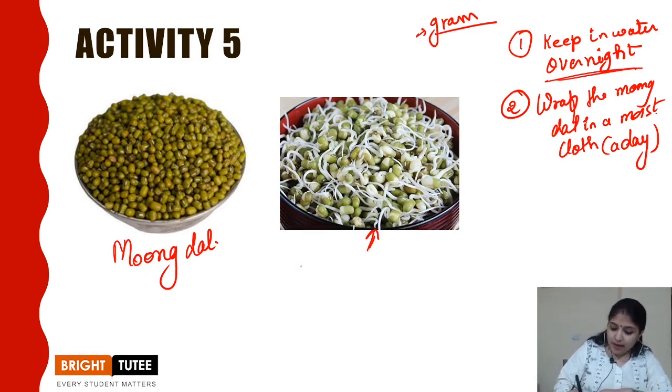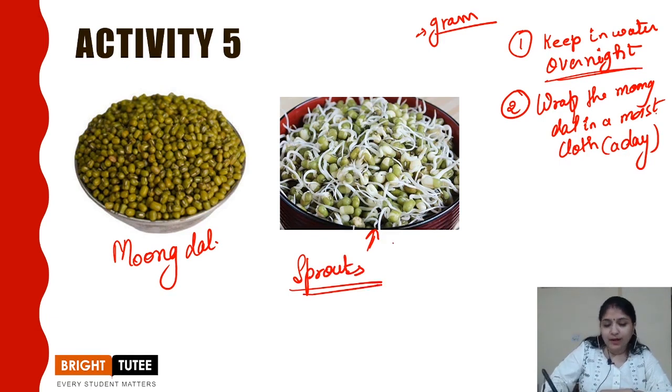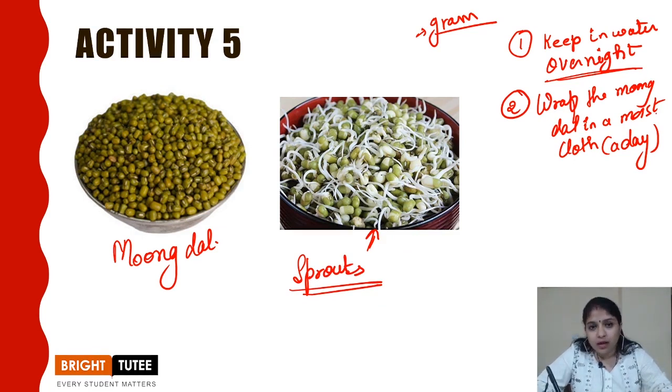This is called the sprouts, this white colored structure, and we say that the moong dal has sprouted, right? So sprouting is seen. This process is known as sprouting, where this whitish structure comes out of the moong dal.